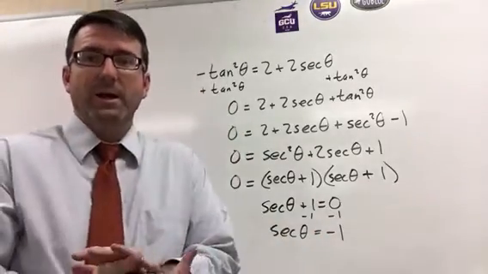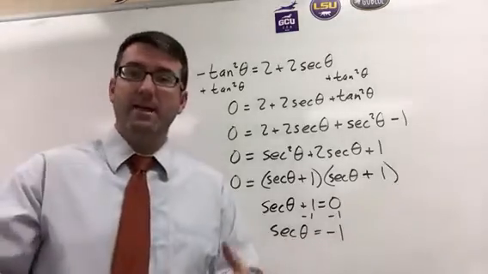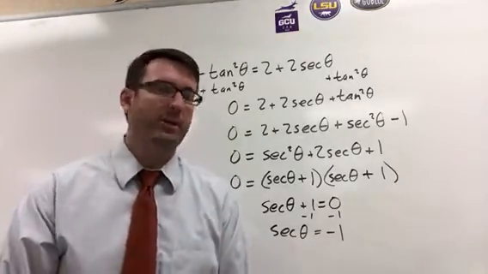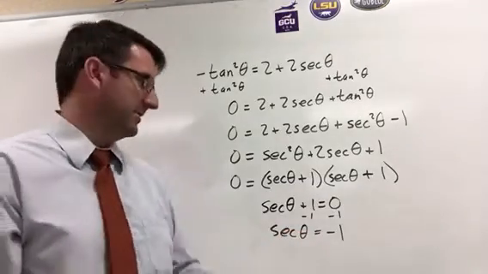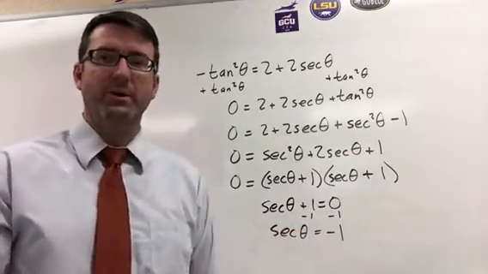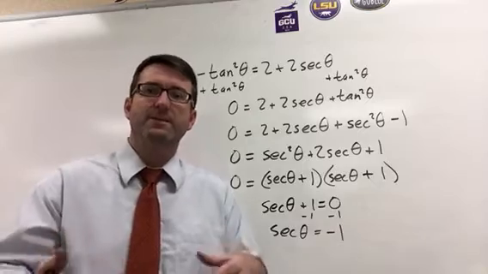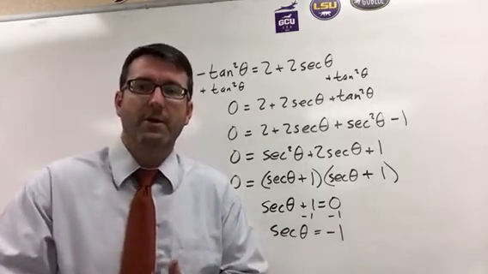All right, now secant is not on your unit circle. So in order to find this on your unit circle, let's change this into something we know. Remember that secant is the reciprocal of cosine.